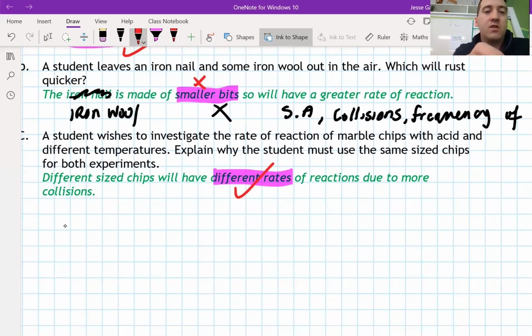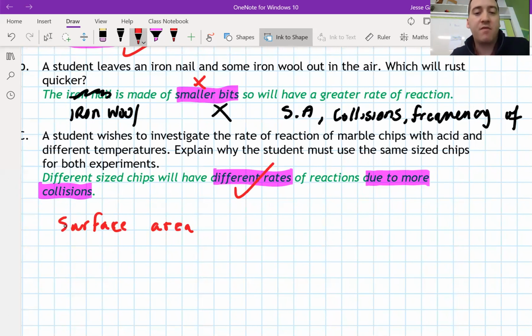Due to more collisions. Again, no mention of surface area. So we could say different sized chips will have different surface areas, and this will change the surface available for collisions.